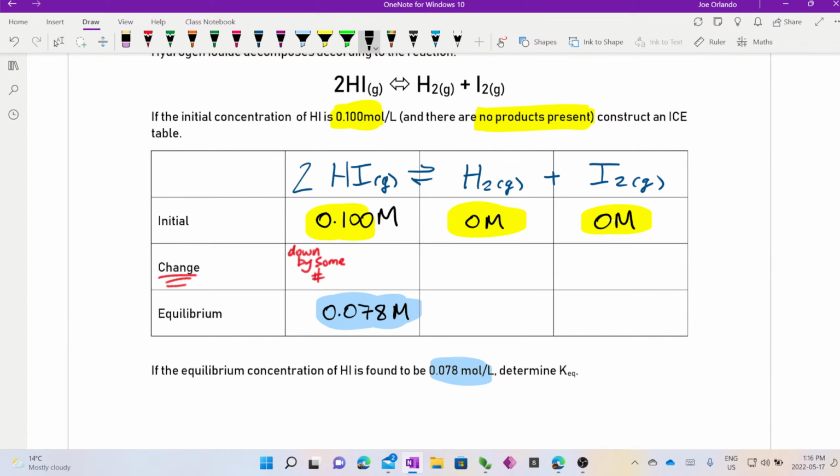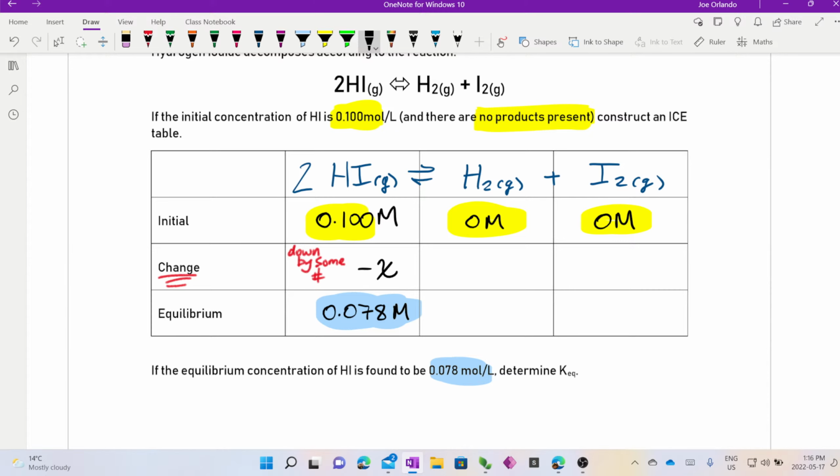Well, to say it went down, we would have to say subtract. And if we don't know the number, we would... Sure, or just some number. In math, how do we say, some number, a number, something? Yeah, don't fight it. X. Down by some number. So this went down by X.